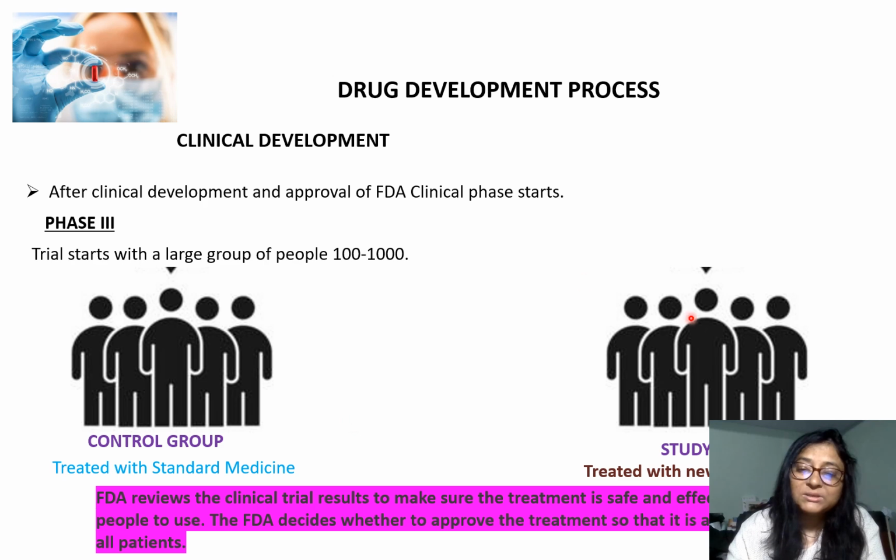All these things are reviewed in this phase, and the FDA reviews all the results to make sure the treatment is safe and effective for people to use. Only if they get approval from here does the medicine go to the market and to the public.